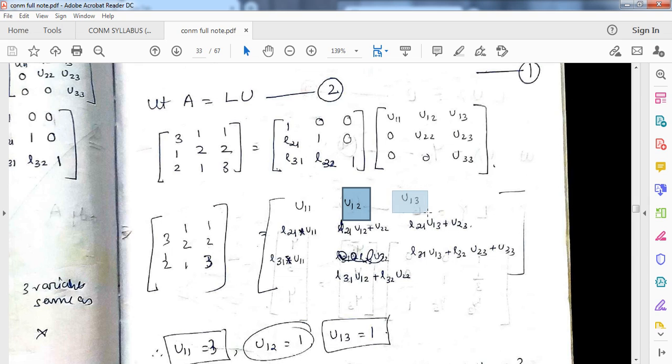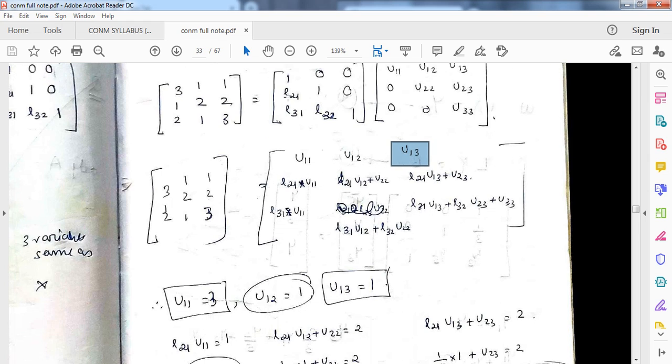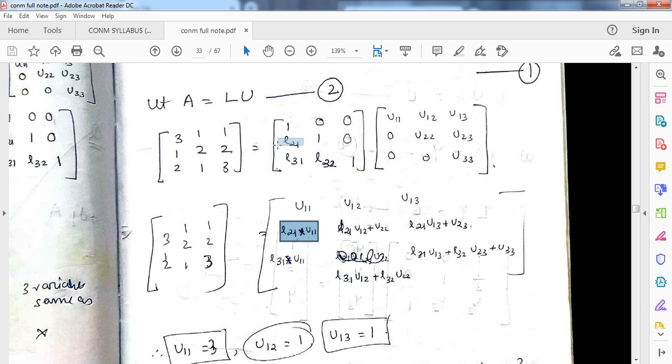How to find U13? 1 into U13, 0 into U23, 0 into U33. How to find this value? Take L21 multiplied with U11, then 1 into 0, then 0 into 0. If you do so, you will get this.